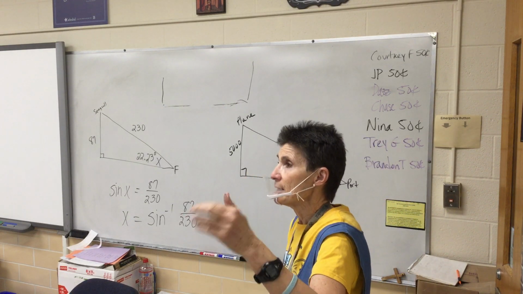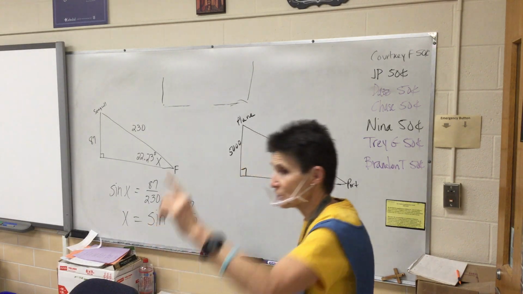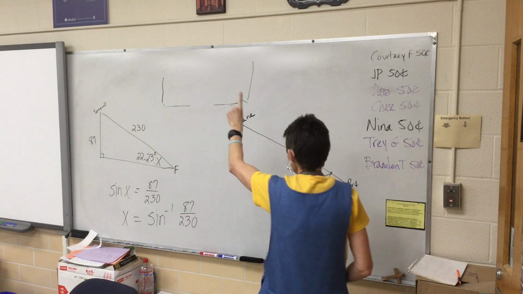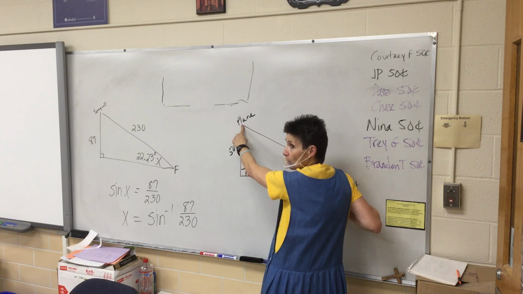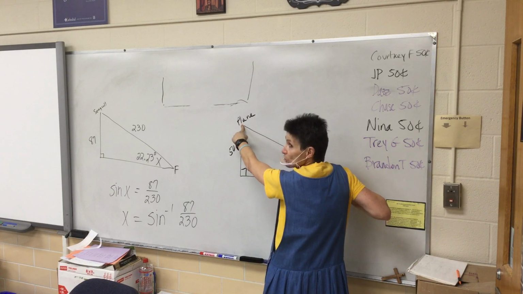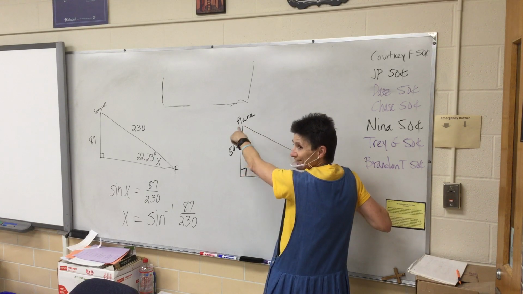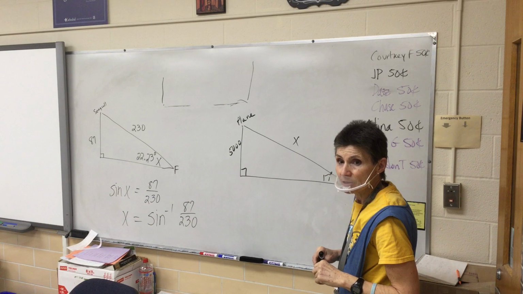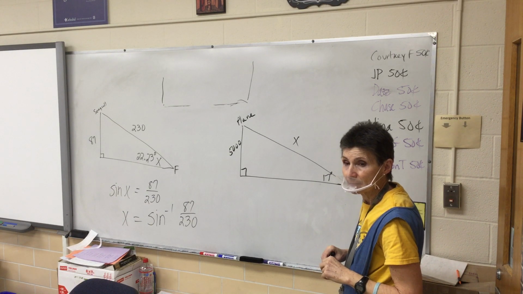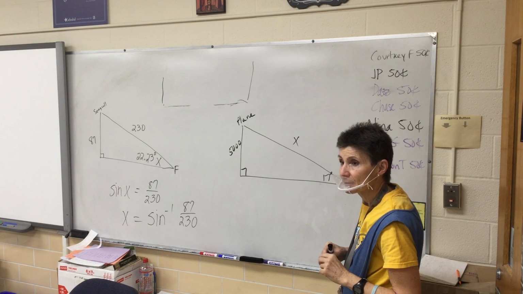What I want you to think about is, take your finger and put it on the airplane. Take your other finger and put it on the airport. And the distance between your fingers is the question. Right? So that's X.